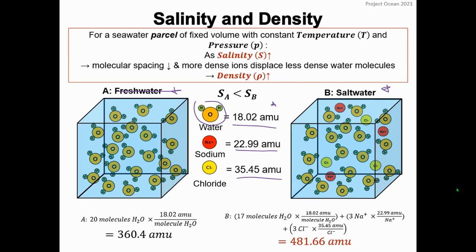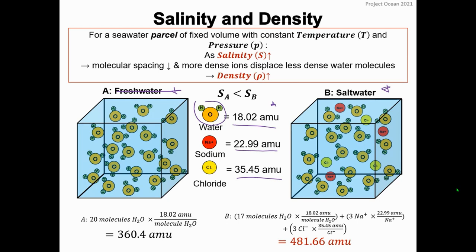In parcel B, I displaced 3 water molecules with 3 sodium chloride molecules, which dissociate into a sodium ion and a chloride ion. So now if I add this up, I have 17 molecules of water at 18.02 atomic mass units per molecule of water. I have 3 sodium ions at 22.99 atomic mass units per sodium ion, and 3 chloride ions at 35.45 atomic mass units per chloride ion.